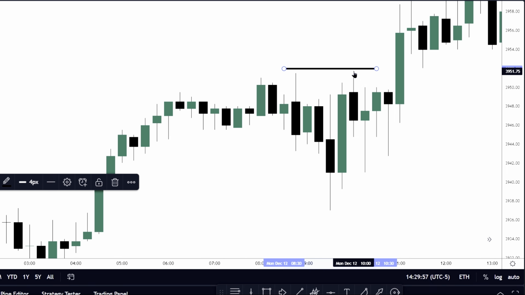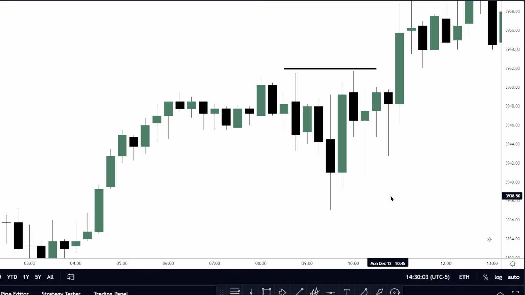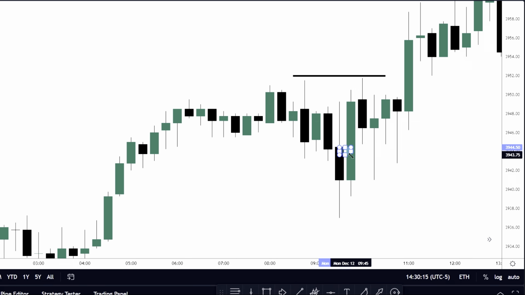So it leaves them here, right? So this is right at the opening. If it was dropping back down in here, and I know that it left those, it left them on purpose. It didn't do it on accident. It's not just random. The algorithm pushed price up there to induce liquidity. So then you have an order block here.